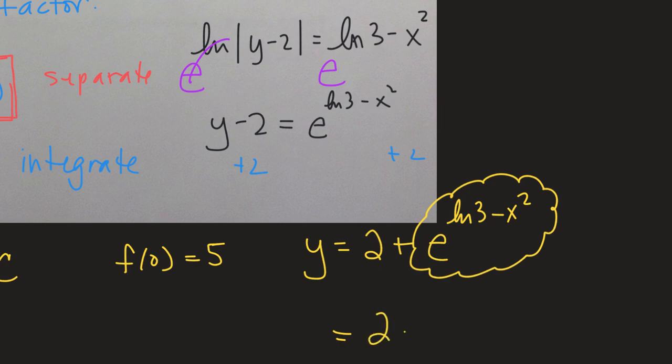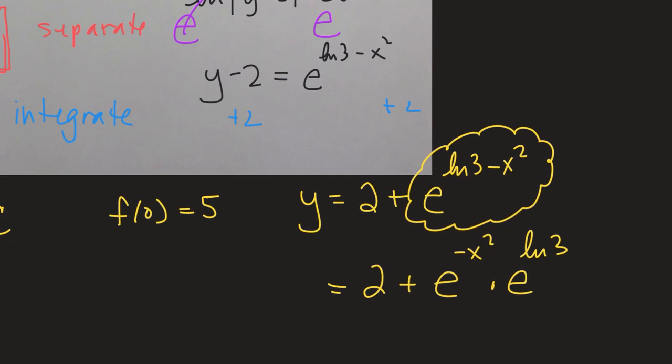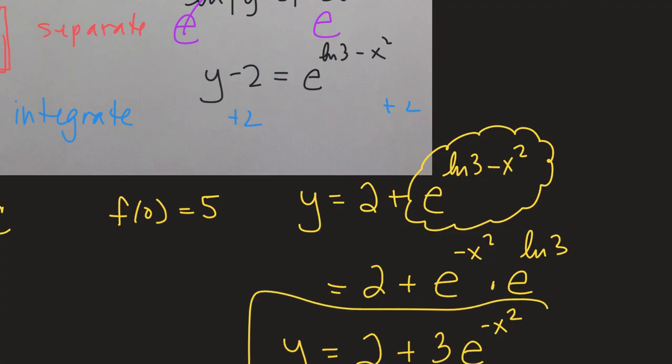This is 2 plus e to the negative x squared plus natural log of 3. Right? And our plus is going to change into a times e. Okay, because that's one of our properties of exponents. So most likely you're going to see this written like this. Most likely.